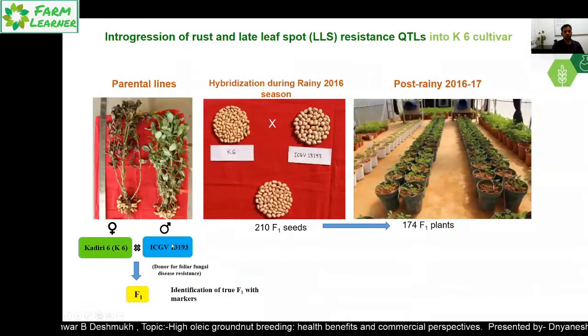It started with breeding back in 2016, where we crossed Kadri 6 with 13193, and we got as many as 210 F1s, which were grown in the glasshouse for generation advancement. The glasshouse provides a good window period, so that we can have 3 generations per year and reduce the breeding cycle.